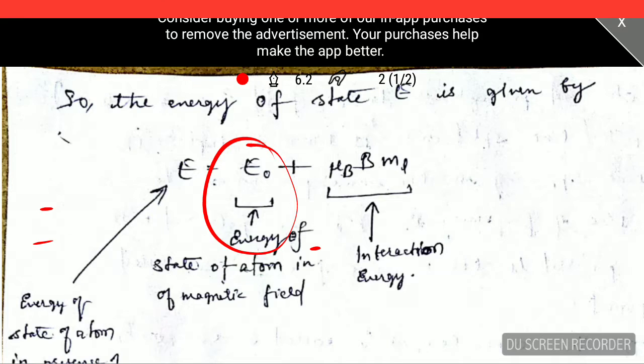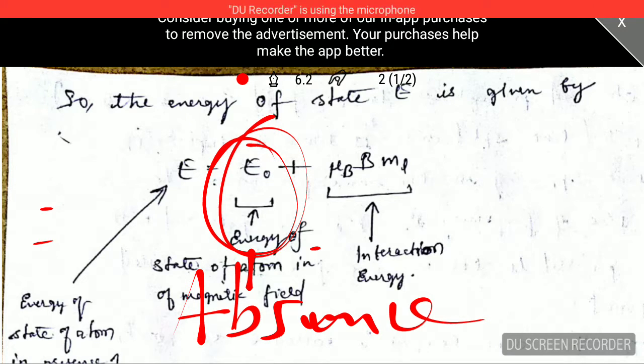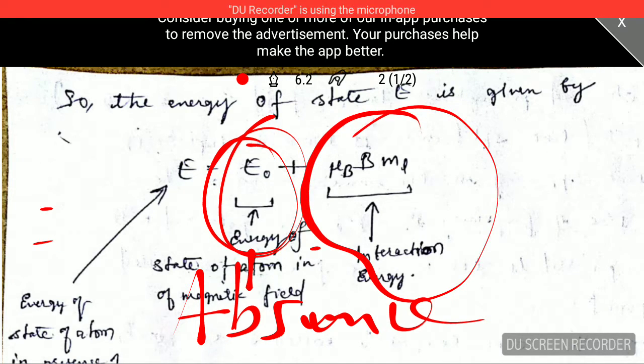So this was the energy of the state of the atom in the absence of magnetic field, and in the presence of magnetic field, the atom interacts with the magnetic field and it forms the further interaction energy, which is this much.